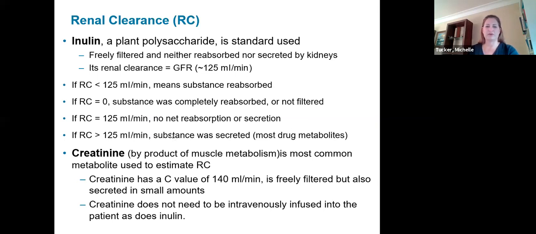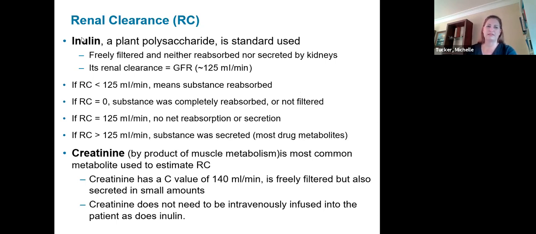And then if it's over, things are secreted. Some substances have a renal clearance of 0, and that means that they are usually not filtered. So glucose and amino acids should have a clearance of 0 because they should be completely reabsorbed and they shouldn't be in the urine.